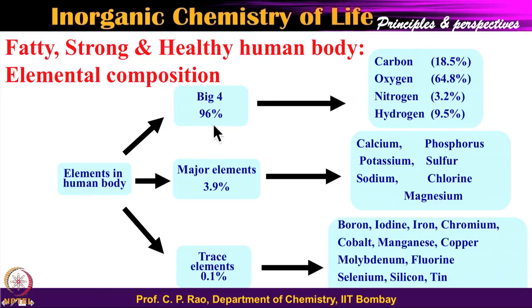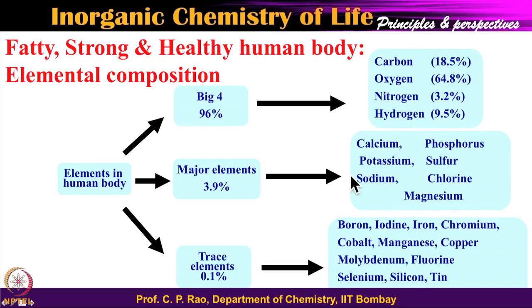First you make the body, then you put in the essential components, then you put in what will be for the function. It is exactly a similar way over here too. So, we are going to have an entire course which is dependent on these trace elements, and to some extent these elements as well, but nothing on carbon, oxygen, nitrogen, hydrogen at all in this particular course. We do not need that.